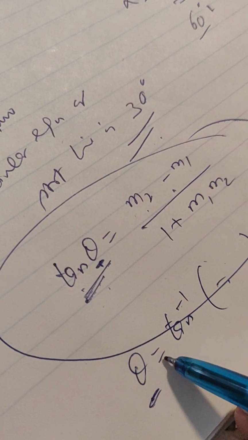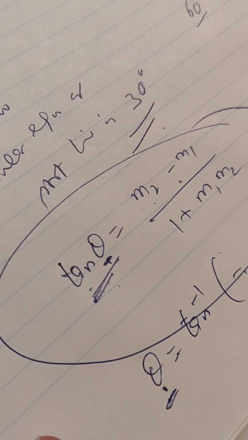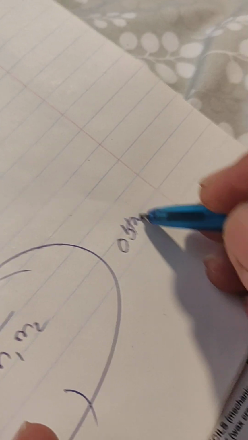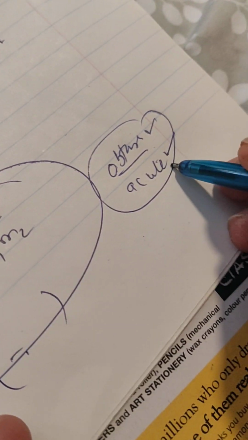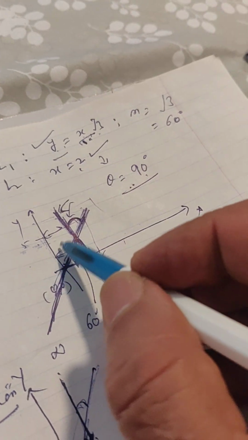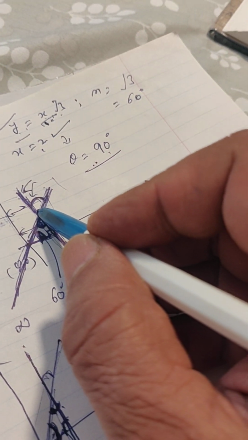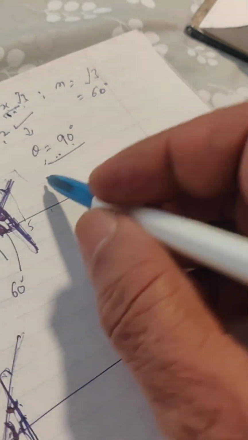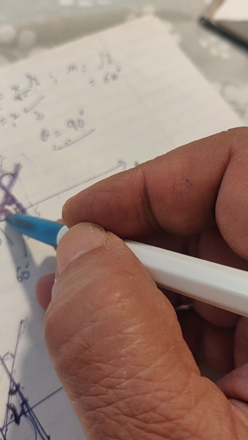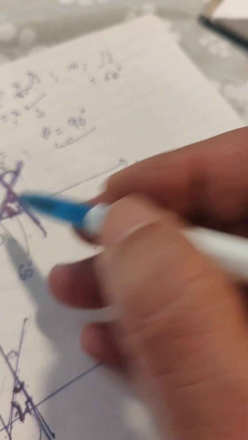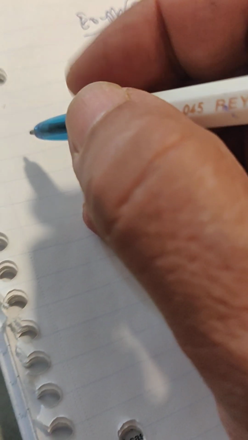Now this value, you may receive as an obtuse angle, or you may receive it as an acute angle. You have to present it as such without changing. And if one line is a vertical line, where theta is 90 degree or slope is infinity, in that case you find the slope of the other line, subtract that angle from 90 degree, and you get the value of the angle between the two intersecting lines.